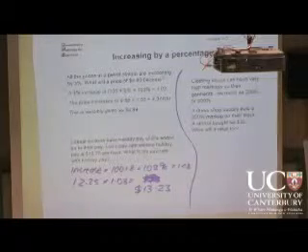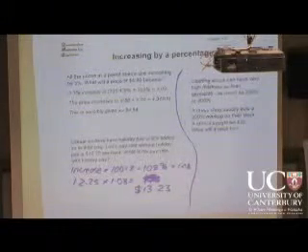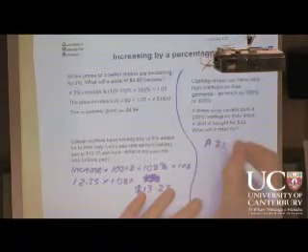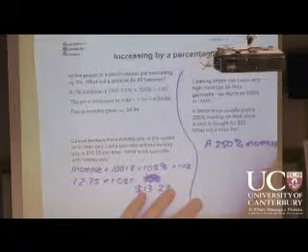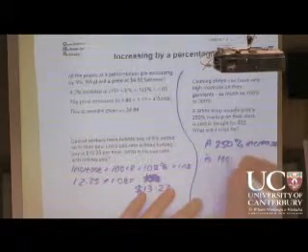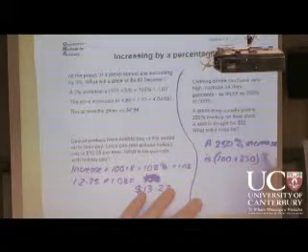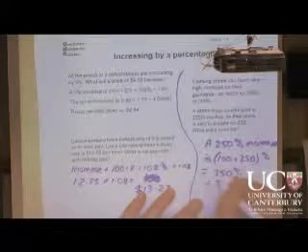Okay, so what are we going to multiply by? Yep, 3.5. So a 250% increase is 100, the original, plus the 250%, which equals 350%, which equals 3.5.